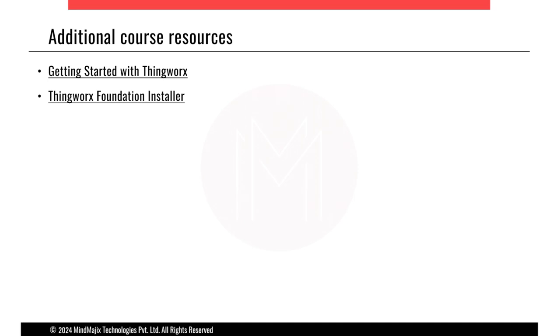So let me go through ThingWorx and entities. This is primarily my thing, which is the representation of a physical device, asset, product, system, and processes. So it's basically an instantiation of a thing template. We have the same concept for the thing template and the things.